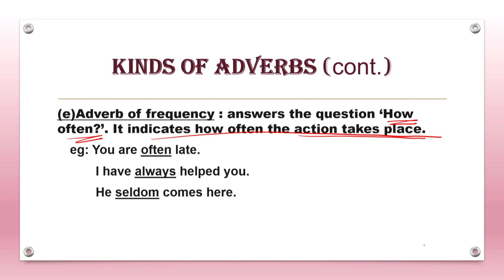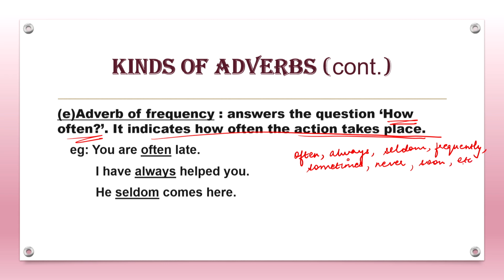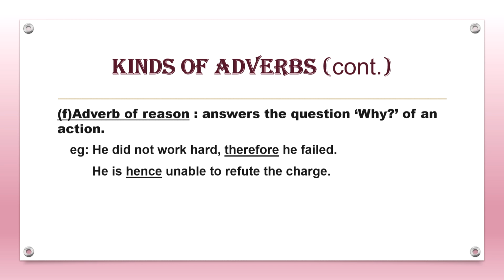So, some of the adverbs of frequency are often, always, seldom, frequently, sometimes, never, soon, and so on. For example, you are often late. I have always helped you. He seldom comes here.